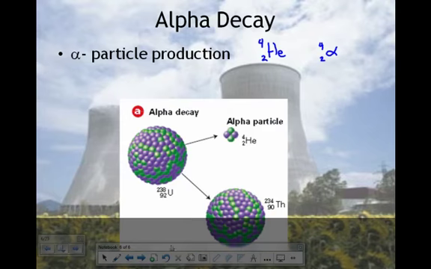So an alpha decay would be where the alpha particle is released when a nucleus of something large breaks apart. So, for instance, if uranium breaks into thorium and this helium nucleus, then this helium nucleus is free to go bash into something else and cause another reaction, such as a nuclear chain reaction.